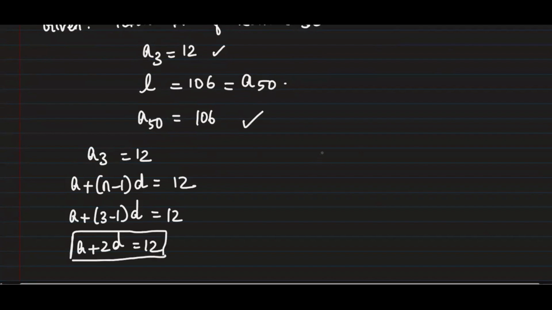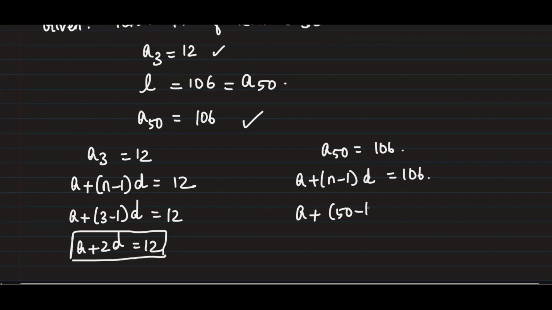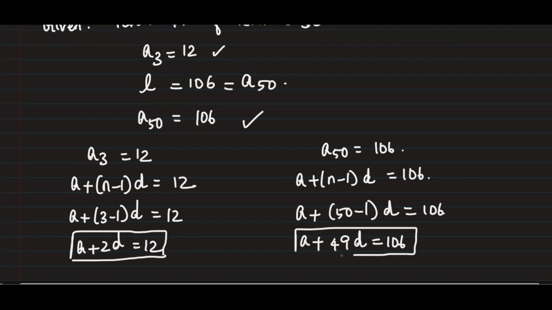Now also we know the 50th term, that is A50, is equal to 106. Now A plus N minus 1 into D equals 106, or we can say A plus 50 minus 1 into D equals 106. So A plus 49D is equal to 106. So these are the two equations. This is the second equation we have got.